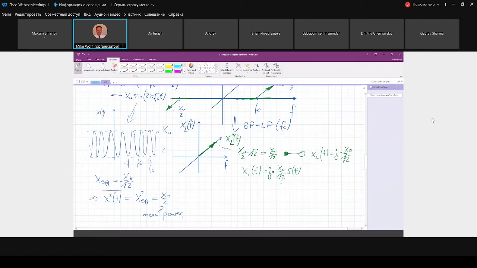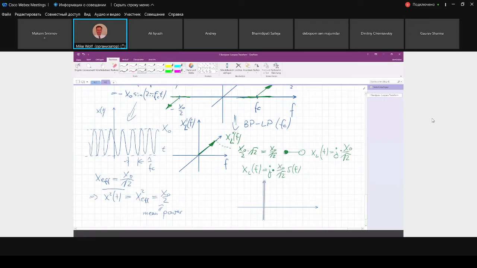Now take a look at the power of this signal. Now we have a signal which looks like this in the time domain. So it has only a real part, of course. In the general case the time domain signal is complex, but in this case we only have a real and imaginary part. So the signal looks like this. T, again, I just draw a straight line, it's a positive value.